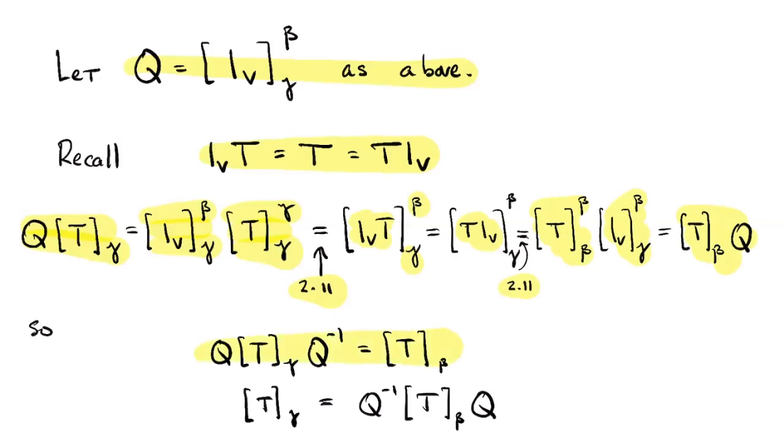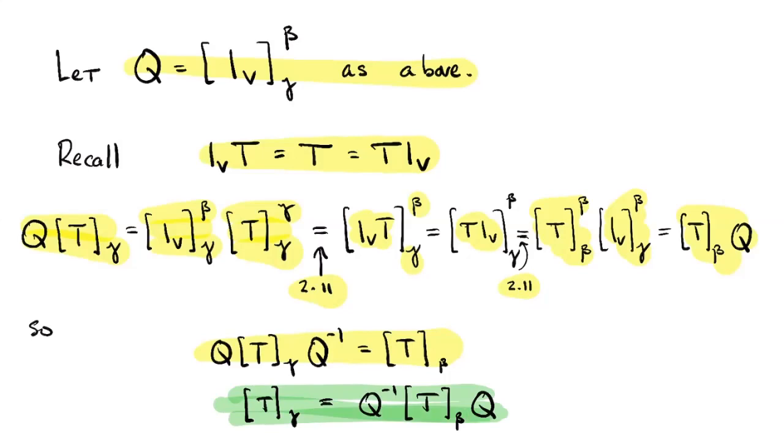So that's kind of one answer to what I wanted to say, is that if you take the matrix of T with respect to the gamma basis, and you sandwich it in between Q and Q inverse like this, then you get the matrix of T with the beta basis. Multiplying by the inverse of Q and Q on the left and right, you can convert that into this equation. Okay, and that's really in the form that I asked.